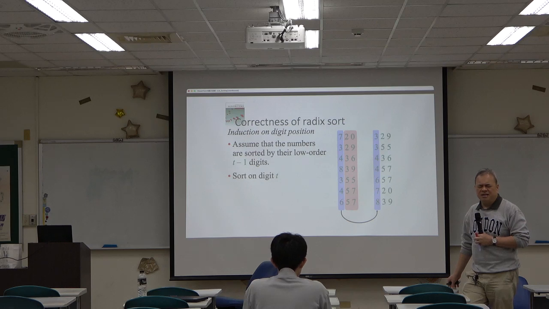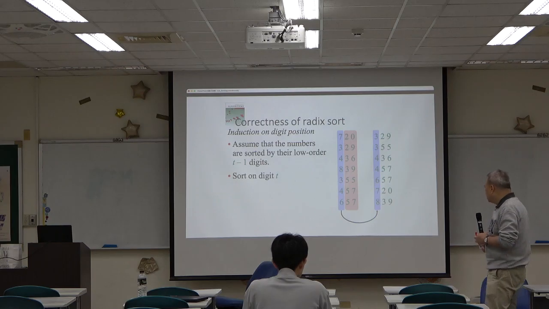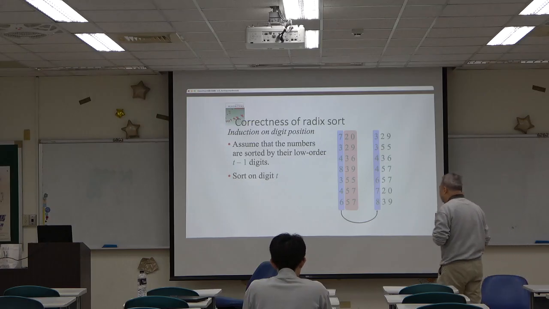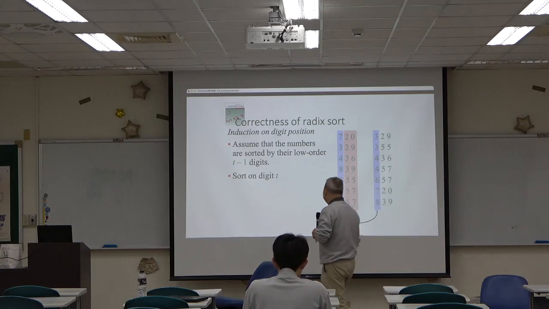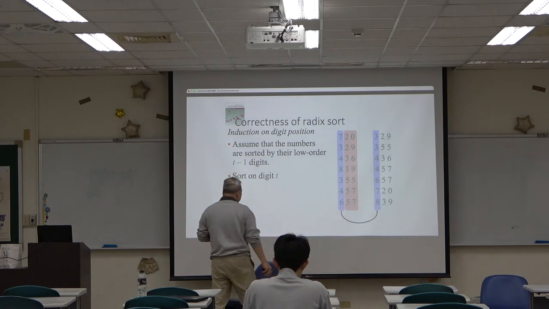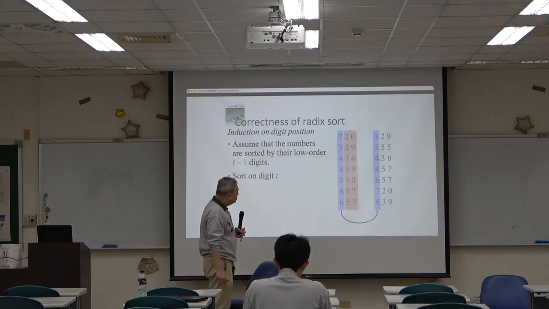It's not like, for example, quick sort or even the counting sort, where it looks like we can almost be sure it is correct without a rigorous proof. But here, we can actually provide a very quick proof for the radix sort. Basically it's by using induction.